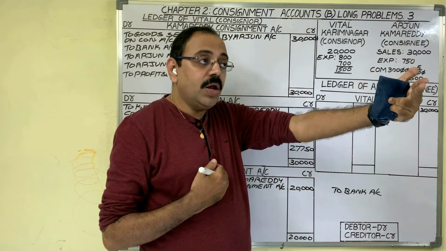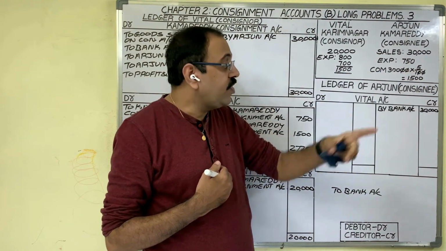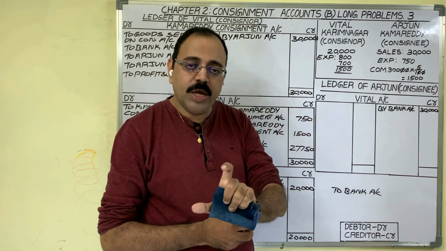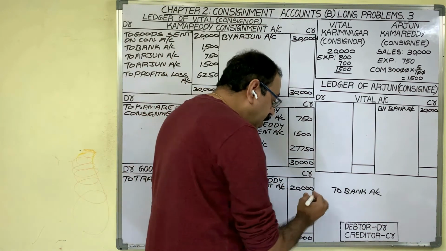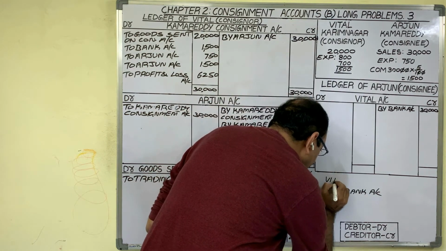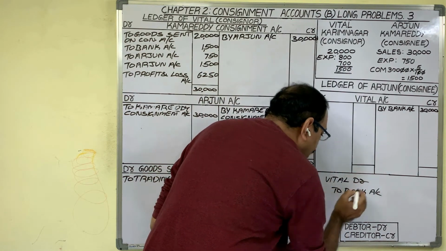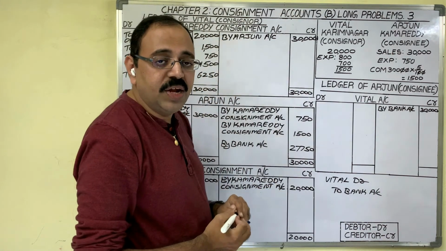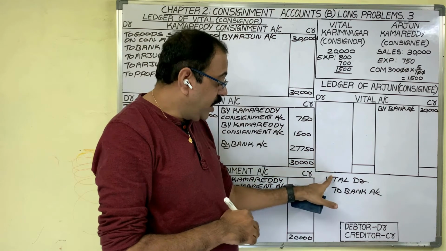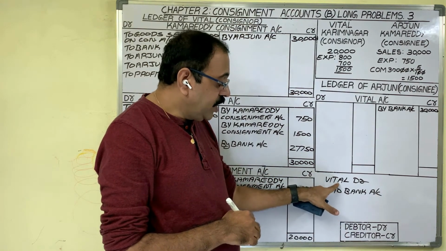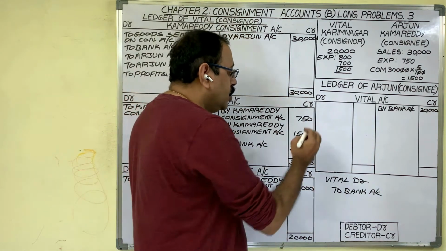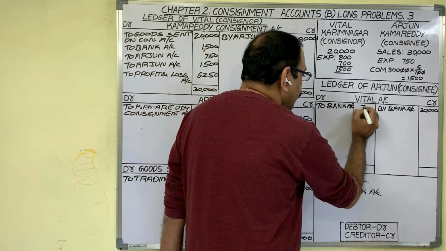So the consignor is becoming a debtor for this 750 rupees. Debtor is an asset. Asset shows a debit balance. Therefore, consignor's name, that is Vittal account, is to be debited. Vittal account debtor to bank account. This is the entry for consignee's expenses in consignee's books. Vittal account we are preparing. As Vittal account is debited, in Vittal account debit side we should post to bank account 750.